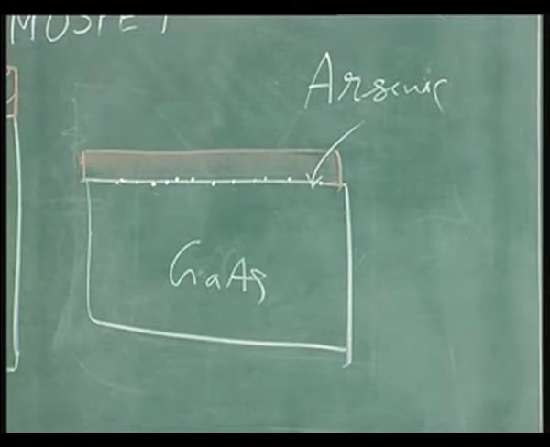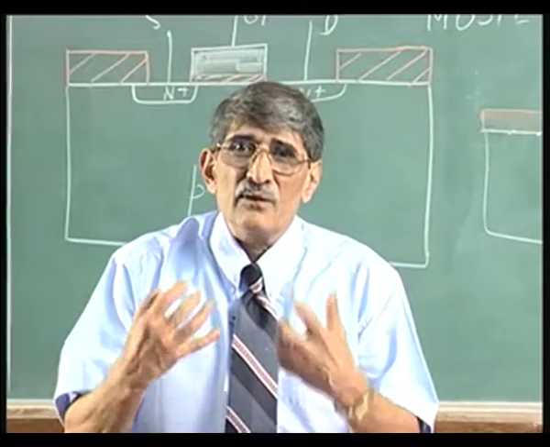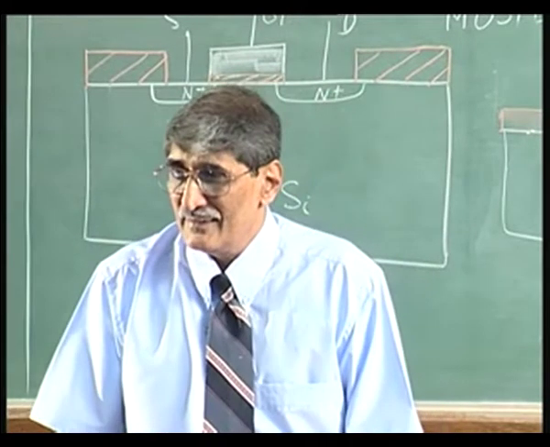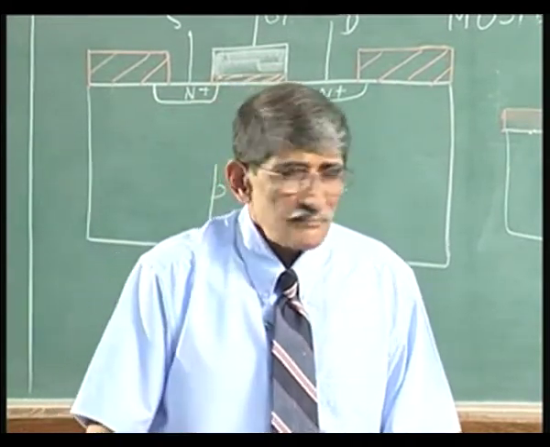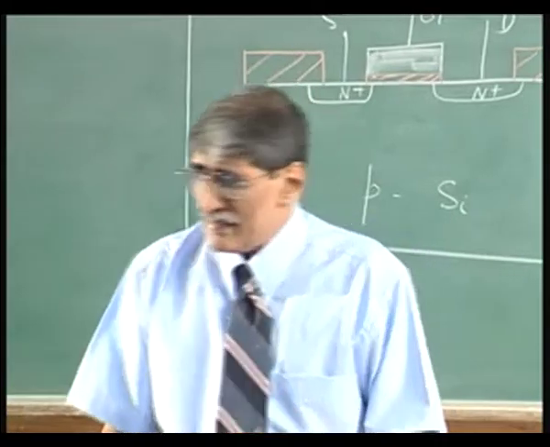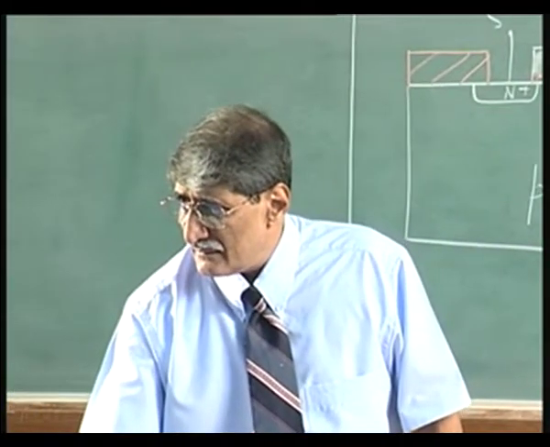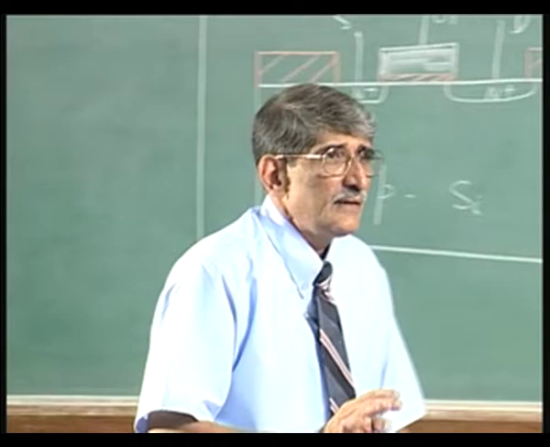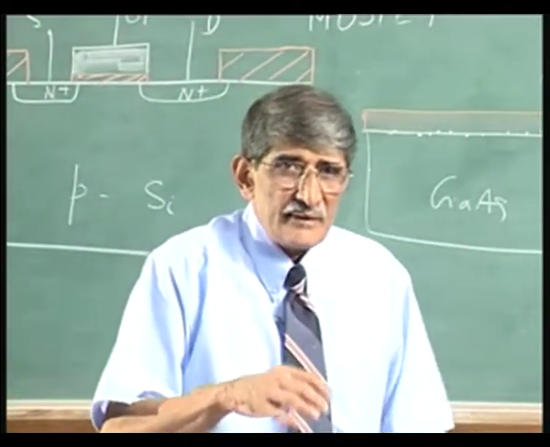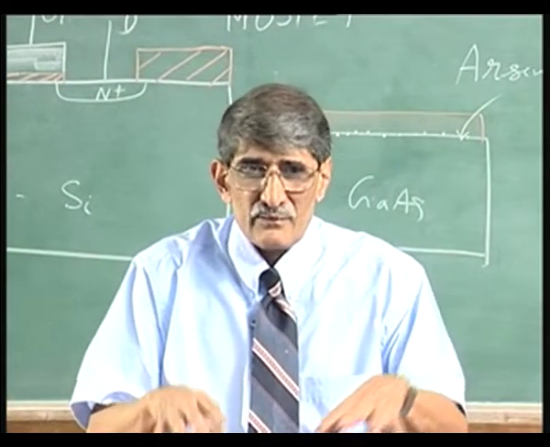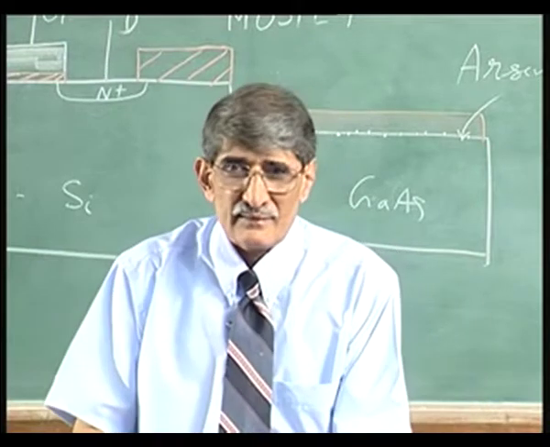The reason stated there is, when you oxidize, gallium tends to oxidize better compared to arsenic. To put it simply, between gallium and arsenic, the oxidation potential of gallium is higher than that of arsenic.